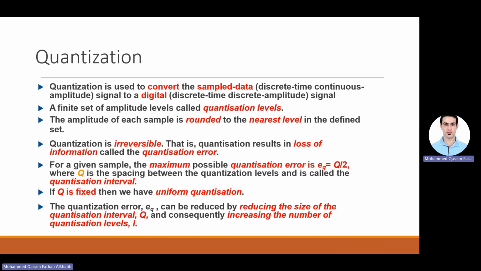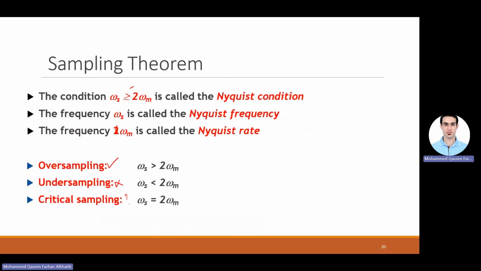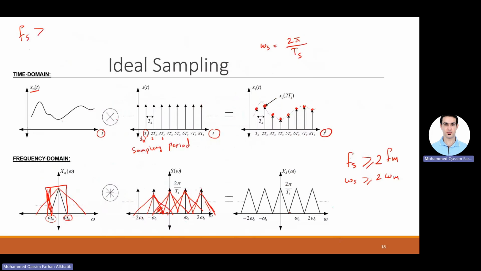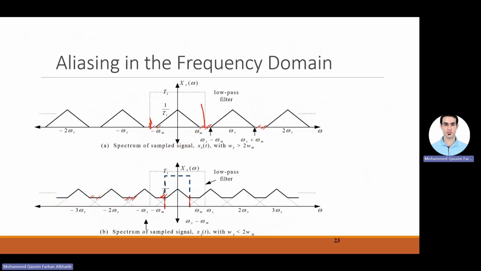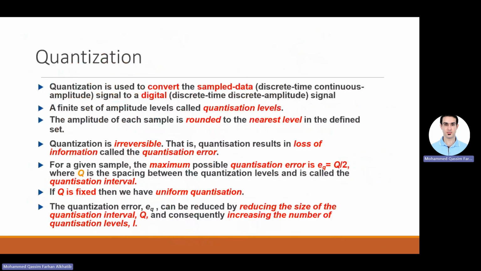Quantization is used to convert the sampled data, the discrete time continuous amplitude signal that we get from here, into a discrete digital signal with a finite set of amplitude levels called quantization levels. As I mentioned, when you have 2 bits, you have 4 levels.